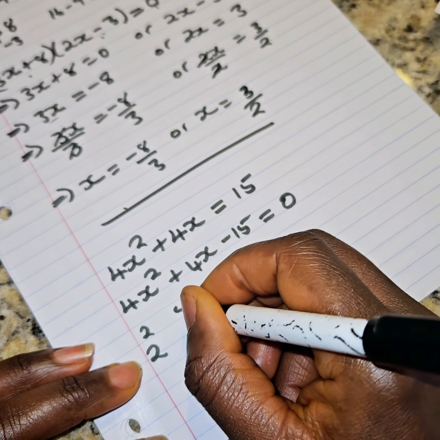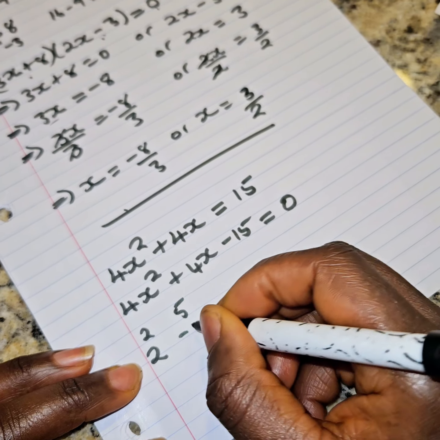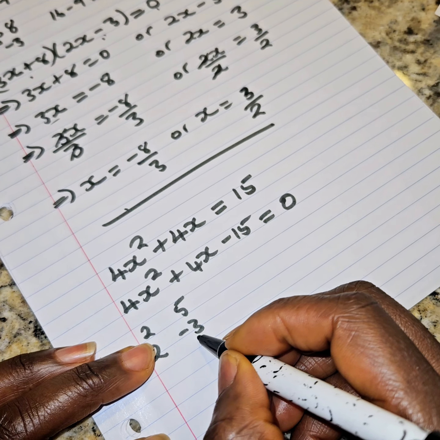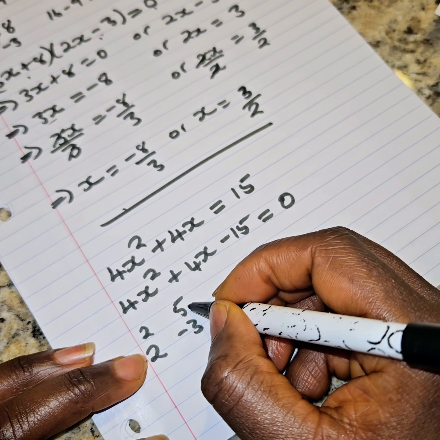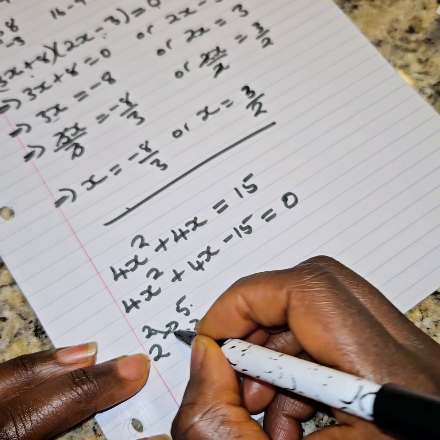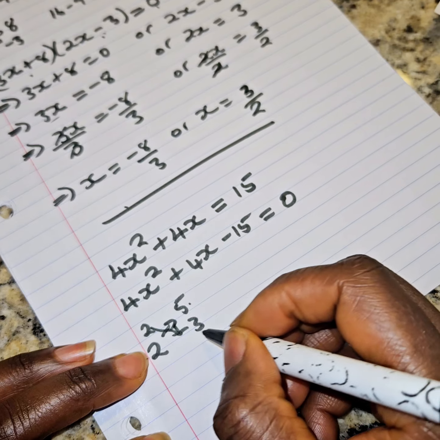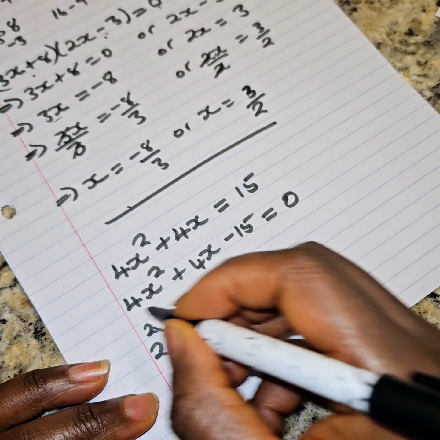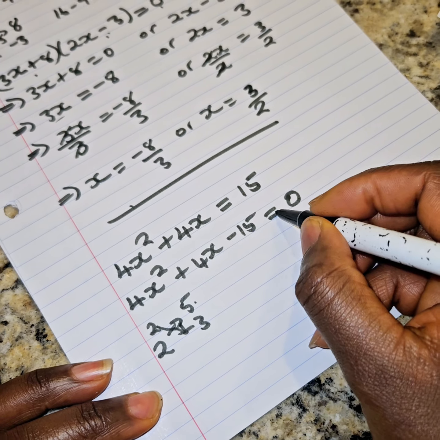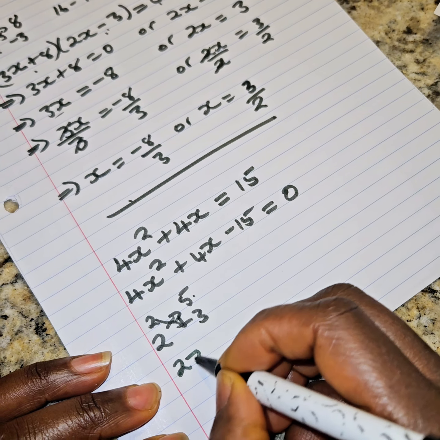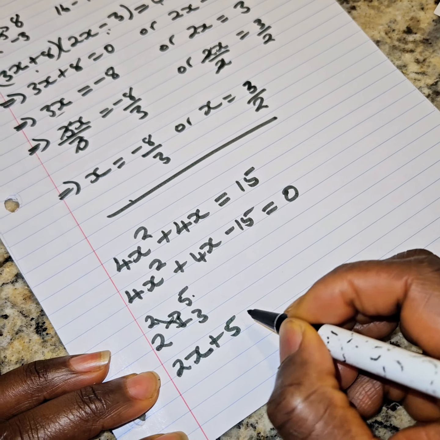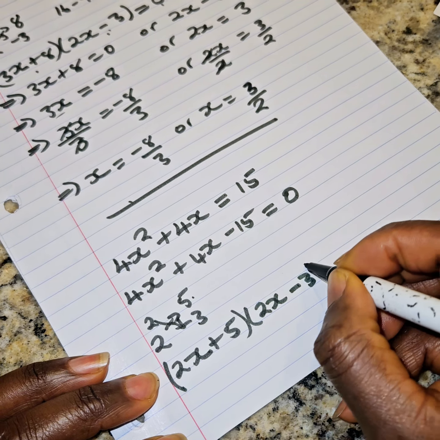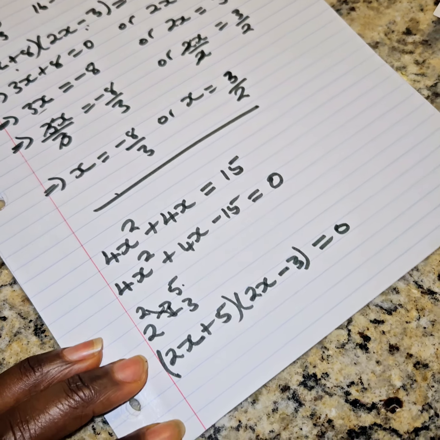If I use 5 positive and 3 negative, then 2 times negative 3 is negative 6, plus 10. Remember, we are cross multiplying. Plus 10 is going to give me 4. So this equation here is going to become 2x plus 5 times 2x minus 3 equals 0.